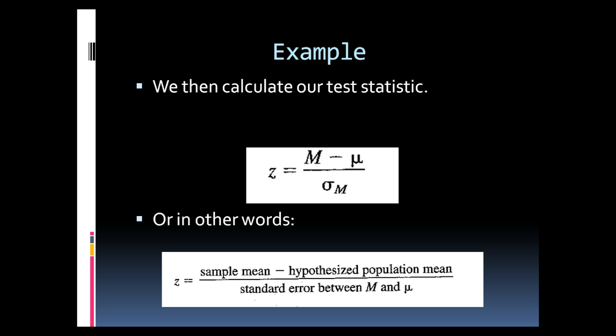All of that over the standard error between the mean and the mu. In other words, sample mean minus hypothesized population mean for what we have chosen to test, divided by the standard error between the mean and the mu.